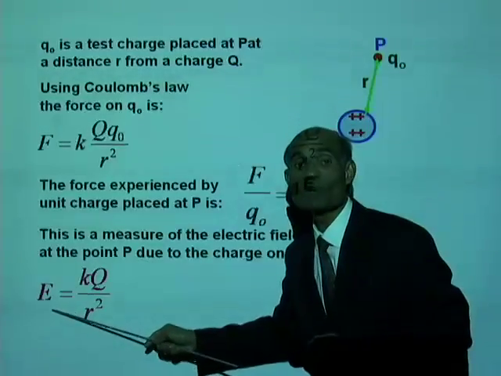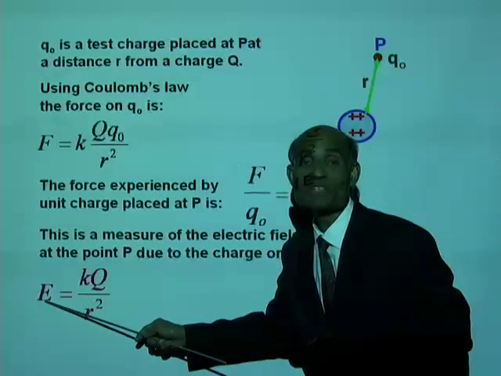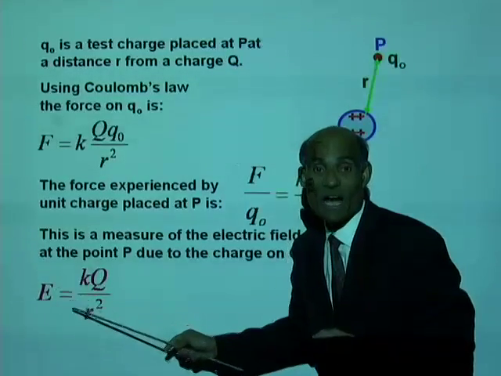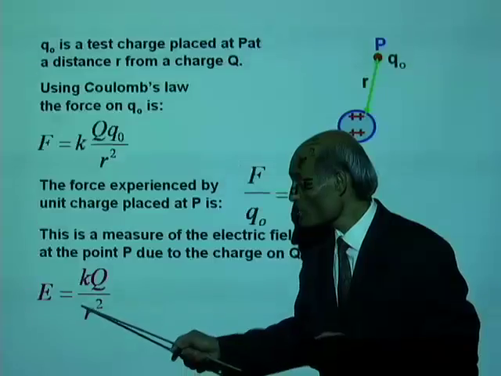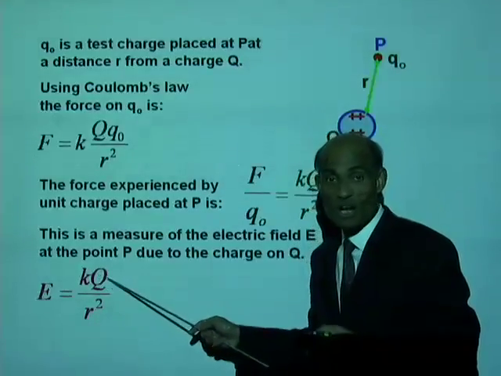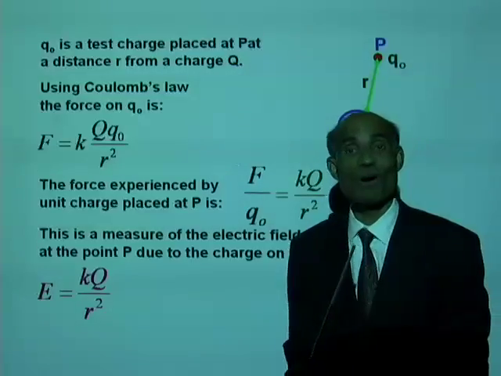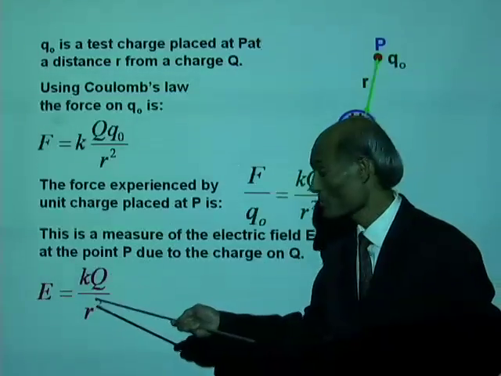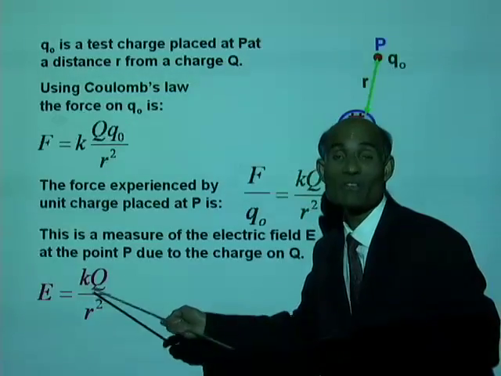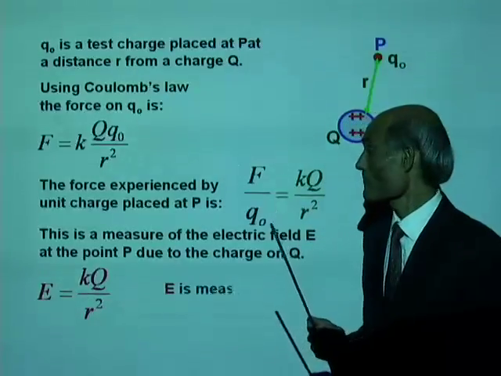So E, what does E stand for? Intensity of electric field at a point distance r from a charge Q is E equal to KQ over R squared. Don't forget that. We need that right through the course.